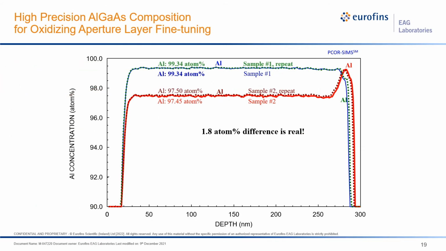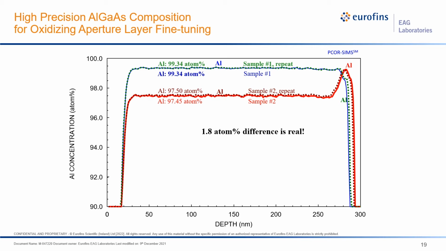And when we repeat the measurement, we actually find that for AlGaAs, SIMS intensities are very, very reproducible, very, very precise. You can even see the undulation being reproduced very clearly, and the precision is less than 0.5%. So that gives us the confidence that we can measure a 1.8 atom percent difference between samples.